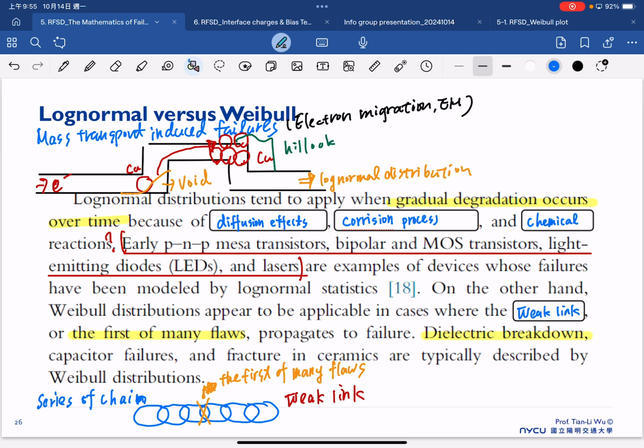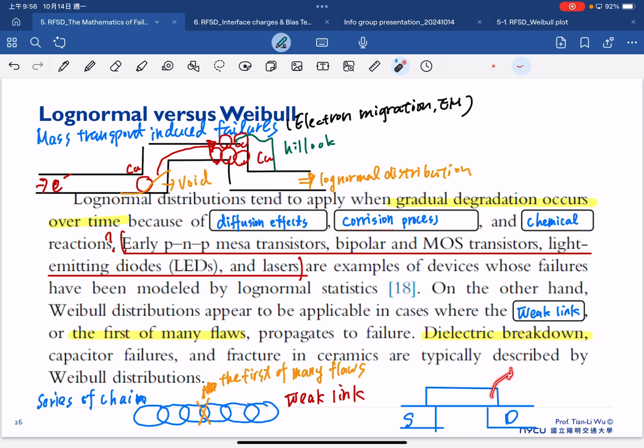So now, again, we have the MOSFET here. This is our gate dielectric here.